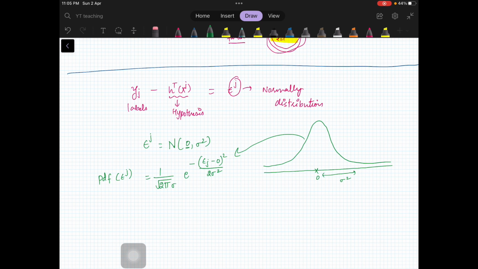Now if epsilon_j is normally distributed, then y_j is also normally distributed. Because you are subtracting this number, y_j is also normally distributed, whose mean is theta transpose x_j and whose variance remains the same.